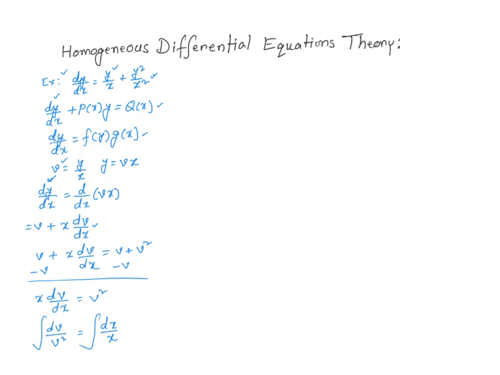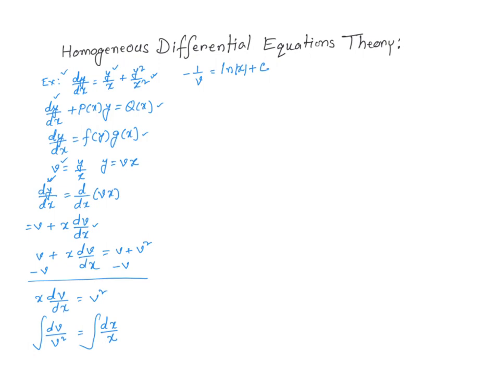On the left hand side, you're going to get negative 1 over v, because it's v to the power negative 2 plus 1, divided by negative 2 plus 1, which is negative 1 over v. And on the right hand side is the integral of dx over x, which is nothing but ln of x. You should put absolute value of x, plus some arbitrary constant c.